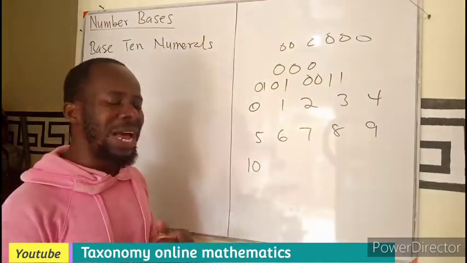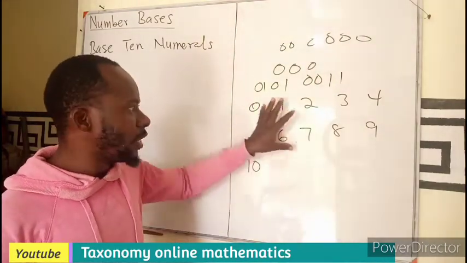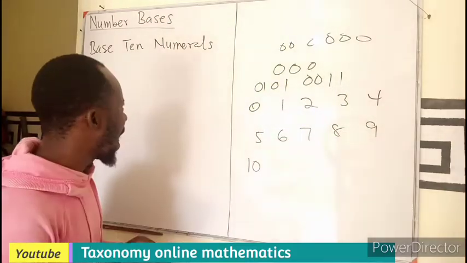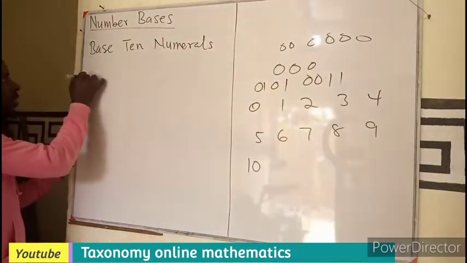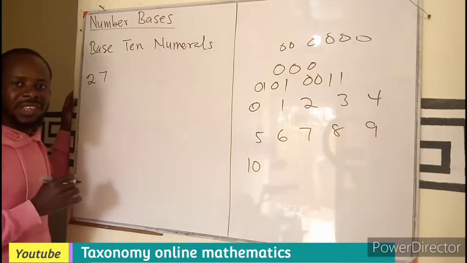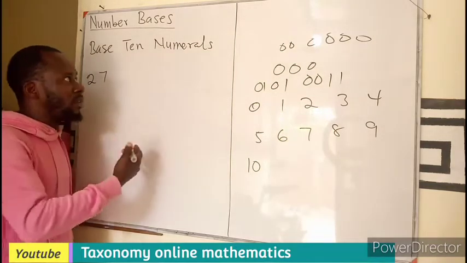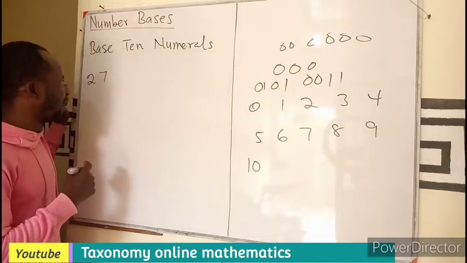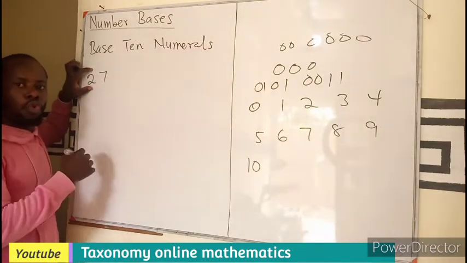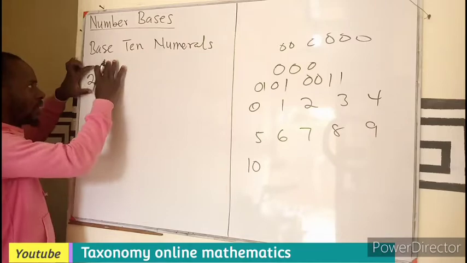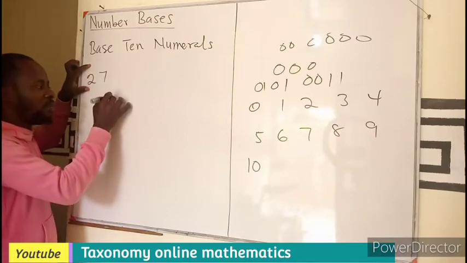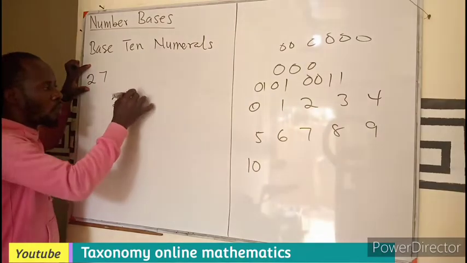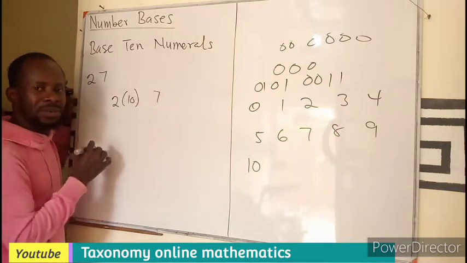Okay, so under base 10, in these combinations, if I have a number as in 27, if I want to take into consideration base 10, it means that I'm having 2 groups of 10. That's the meaning of the 2 combination. This is going to be 2 groups of 10 and a single.